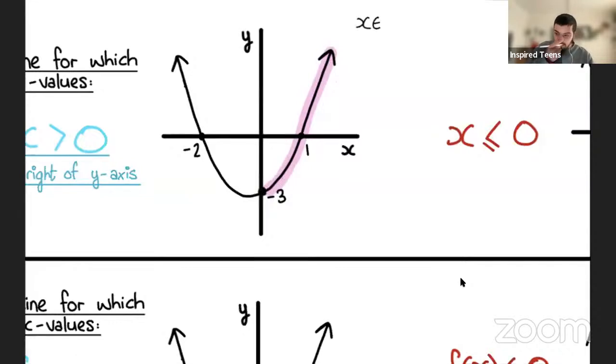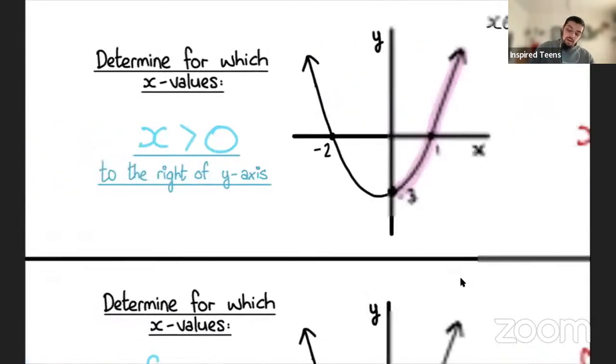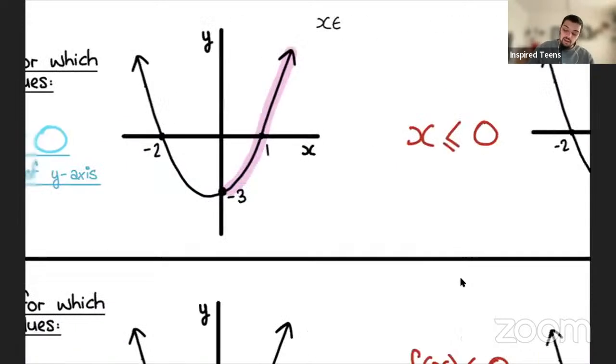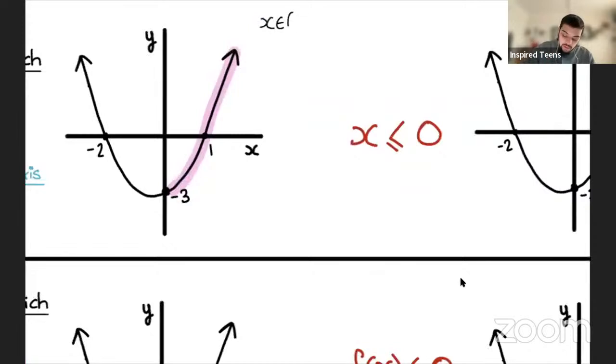We never include infinity, but for 0 you always look to the question. Does this question want where x is greater than or equal to 0, or does it just want where x is greater than 0? In this case, the question doesn't include, so we won't include. So we don't include 0, and we don't include infinity because we never include infinity. So x is an element of 0 to infinity, or alternatively, you could just say x is greater than 0.